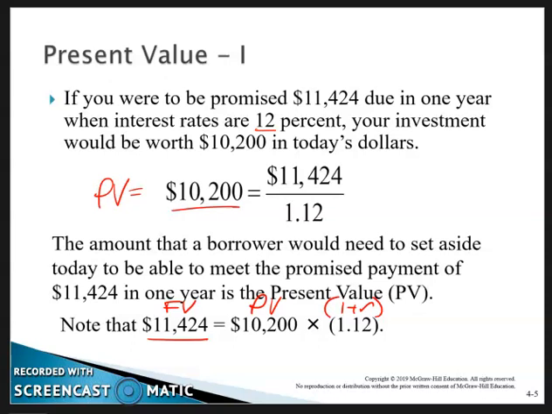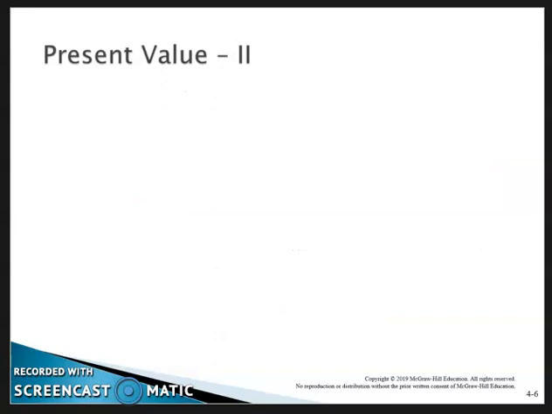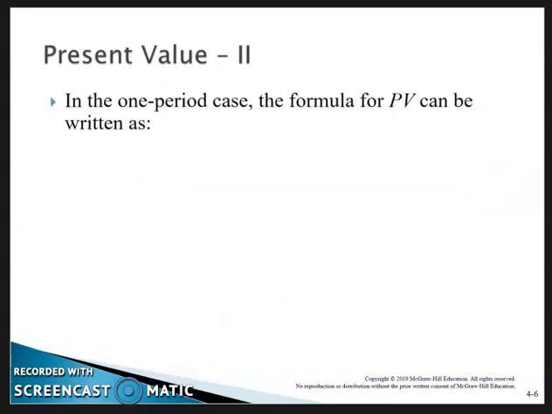The present value of a single payment is equal to the future value divided by 1 plus R. So, one period case, the formula for present value can be written as PV, present value, is equal to C1, being the cash flow at that future date, divided by 1 plus R, R being the interest rate.